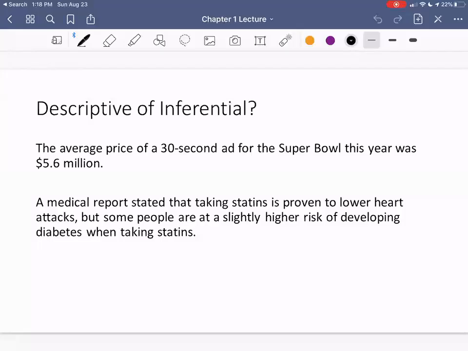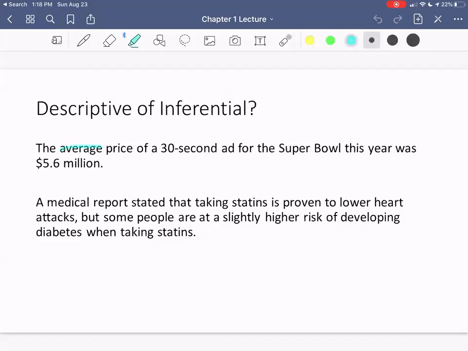So the first one says the average price of a 30-second ad for the Super Bowl this year was $5.6 million. When you read this, you have to ask yourself: is this based on data that we have, or is this based on a prediction that this is going to happen because of the data? In this case, the main thing is that we're talking about the average.